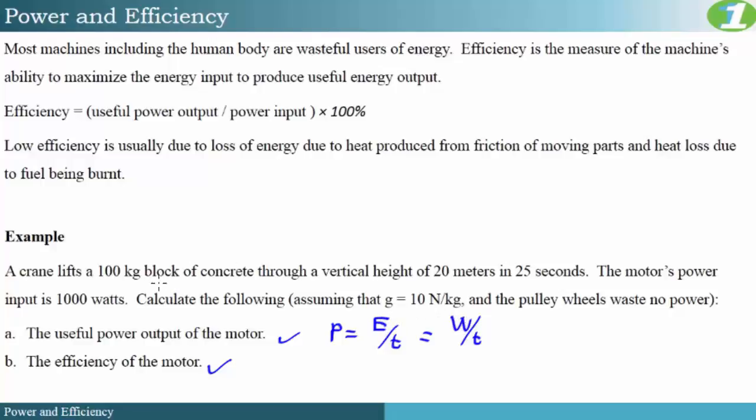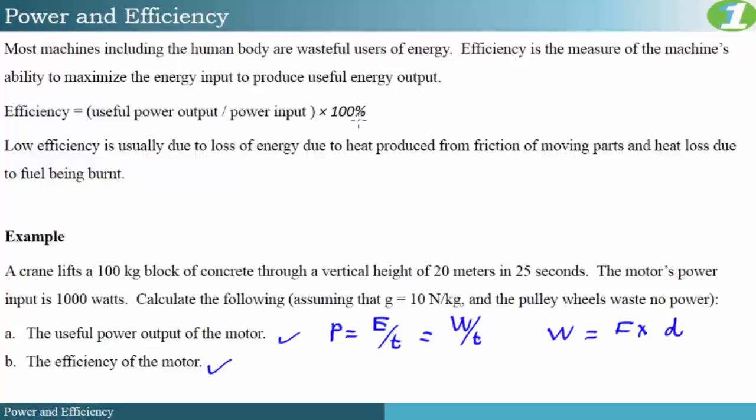So in this question, if we find the work done to lift this concrete block, and we have the time taken, we can actually find the power. So we need to apply this formula, but we also need to apply work done equals force times distance moved. These two formulas are necessary for part A. And for part B, we know that efficiency is given by this formula, useful power output over power input times 100%.